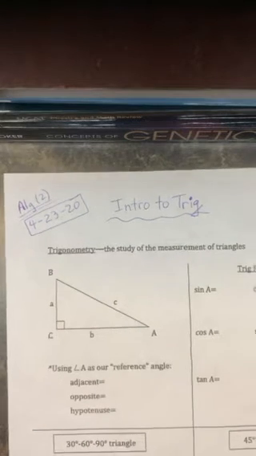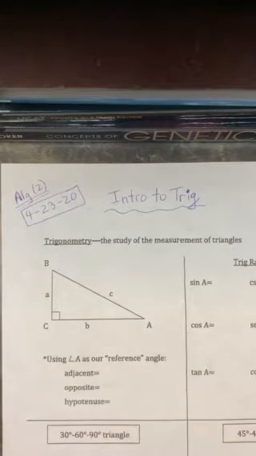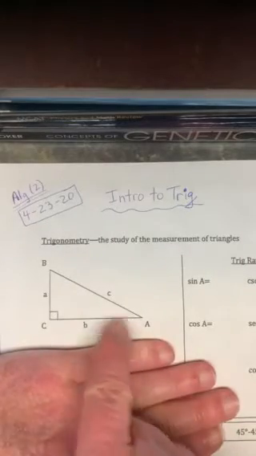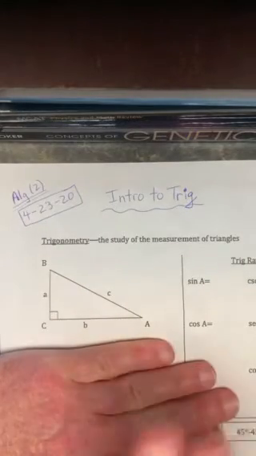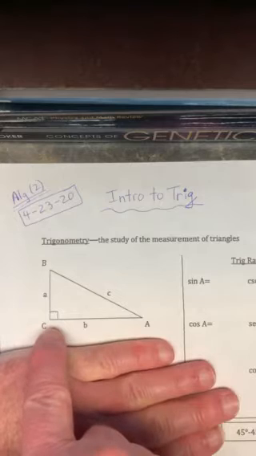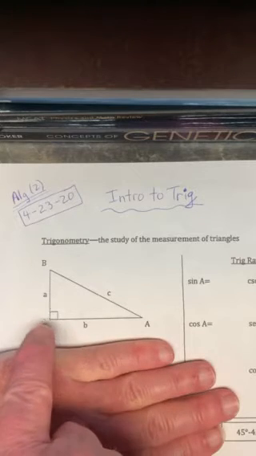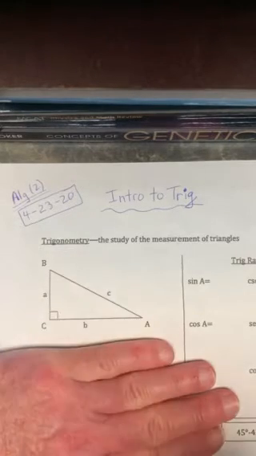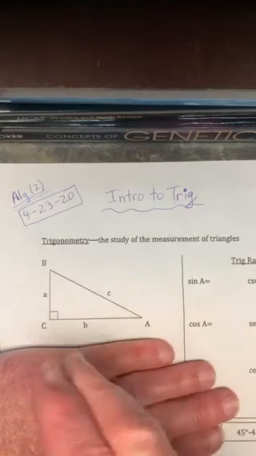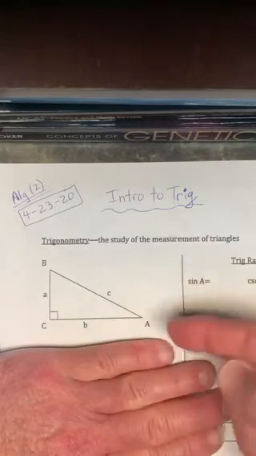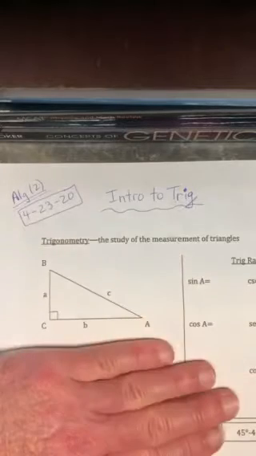Okay? Now, if you look at that triangle you just drew, we've got angle A, angle B, angle C. Do not look at the right angle C. We never use angle C, the right angle, as our, quote, reference angle. We're going to refer to one of the other two corners, one of the two acute angles.